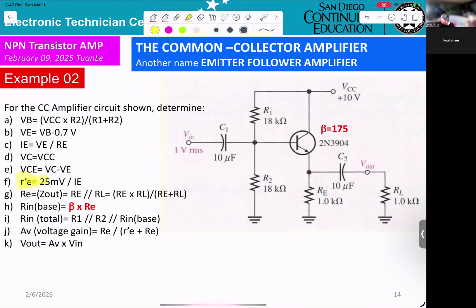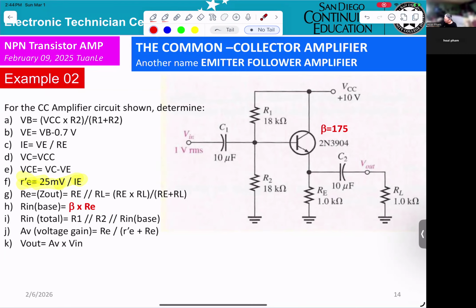Okay, 25 millivolt divided by IE. And RE, that means when you're looking into the output, that's what you get, R out.